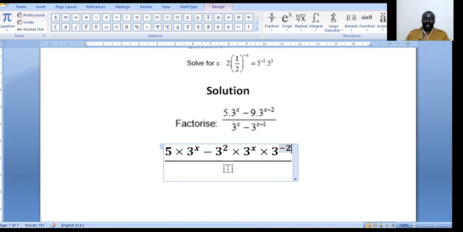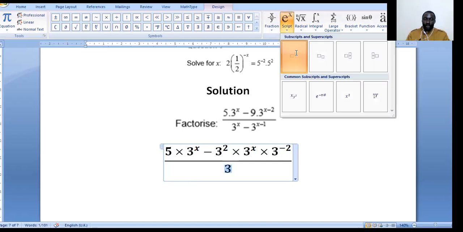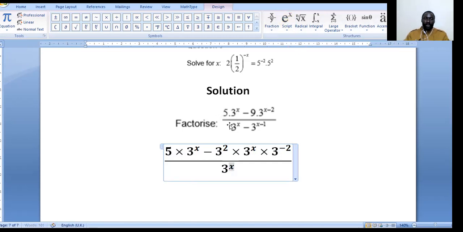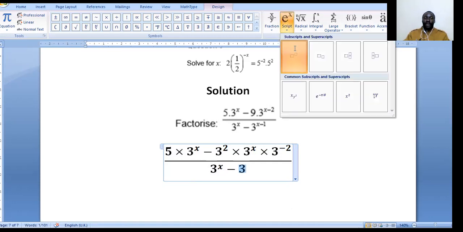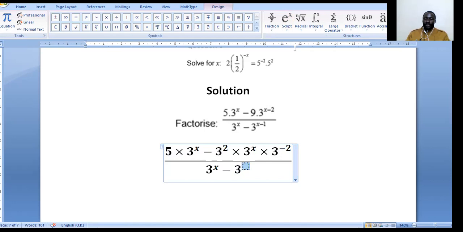Then the denominator has got 3 exponent x, which is this, minus 3 exponent x, which is this one here, then times 3 exponent negative 1.